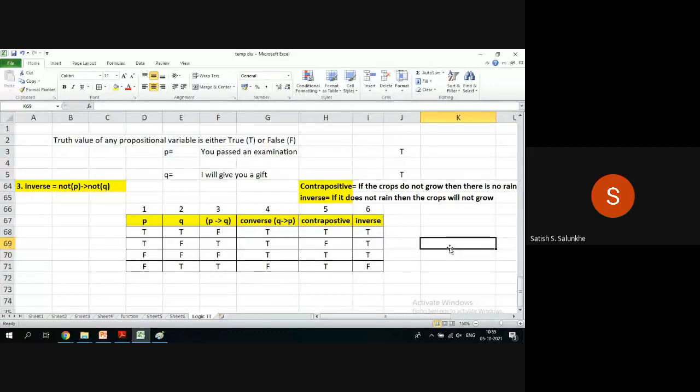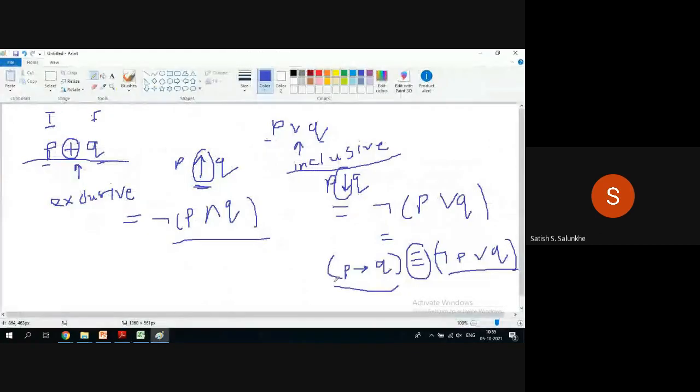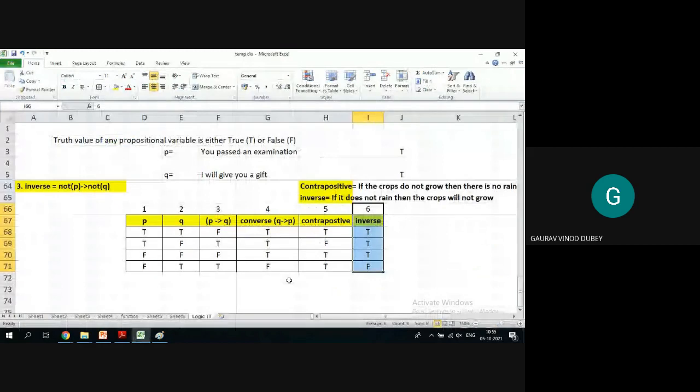Statements are dependent on each other means what? By looking at column number 4 and column number 6, they both are what? Same, converse and not same. Again, you are saying same. What is this? Symmetric. Equivalent. Equivalent.